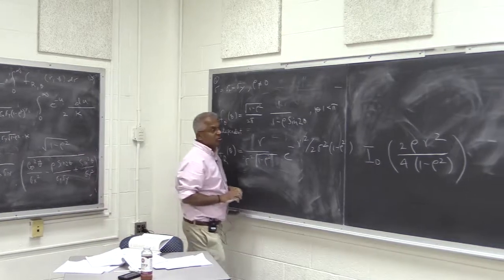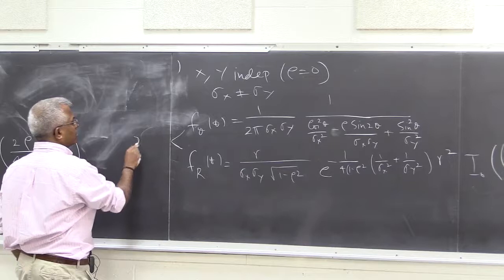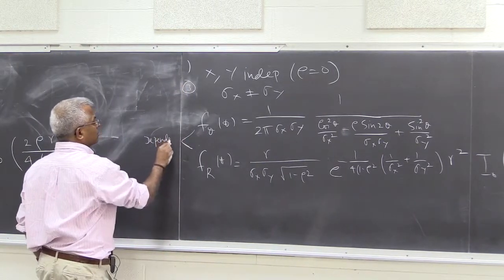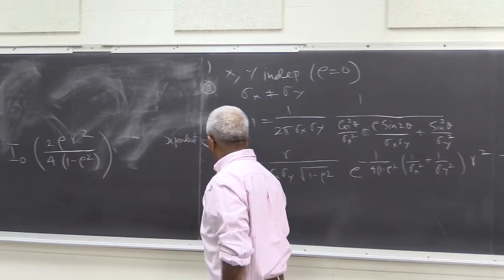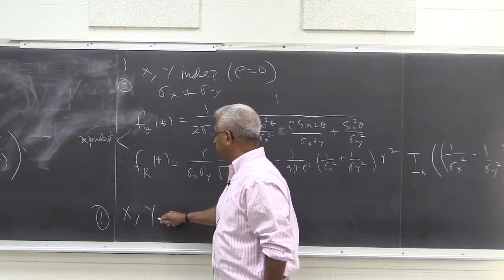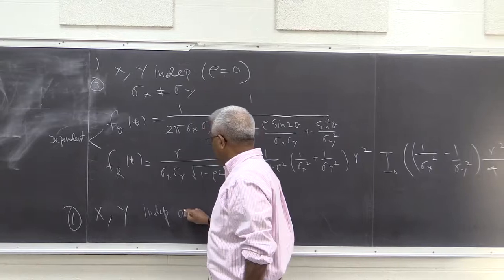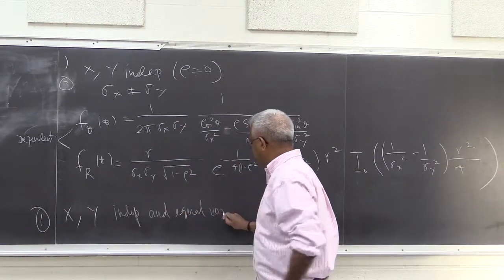In that case also R and theta are dependent. So as I said, only case one is when x and y are independent and have equal variance. So we are back to case one.